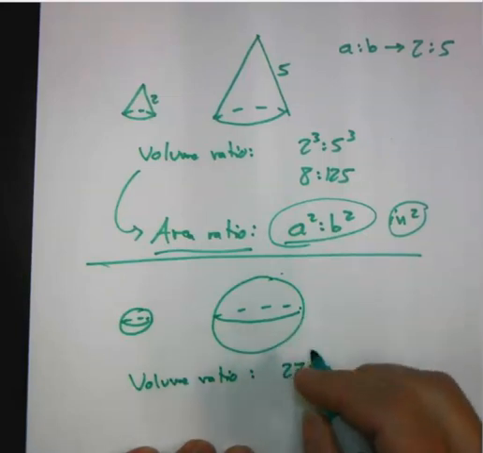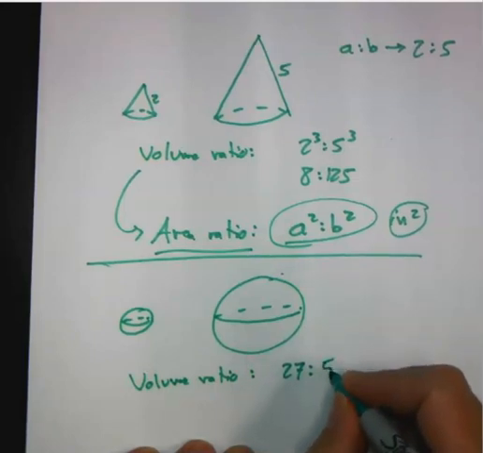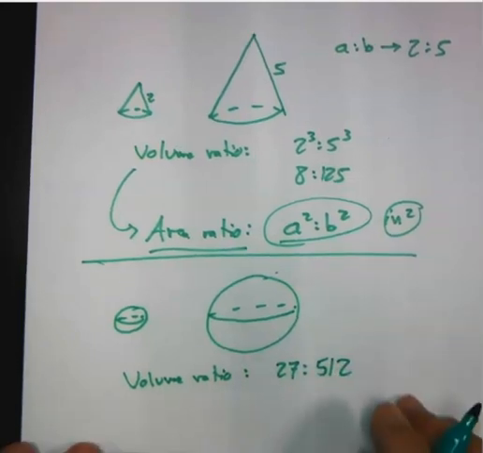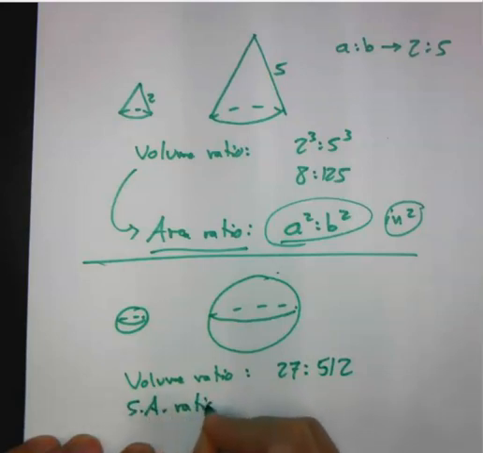I'm going to make this kind of nice numbers as it turns out. You might think, wow, those are kind of random. Okay. And I would like to know the surface area ratio. I would also like to know the circumference ratio.